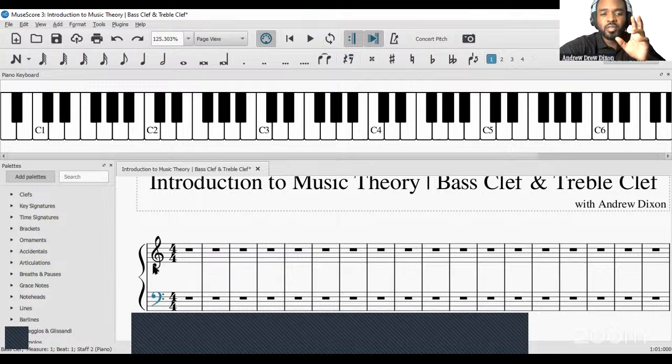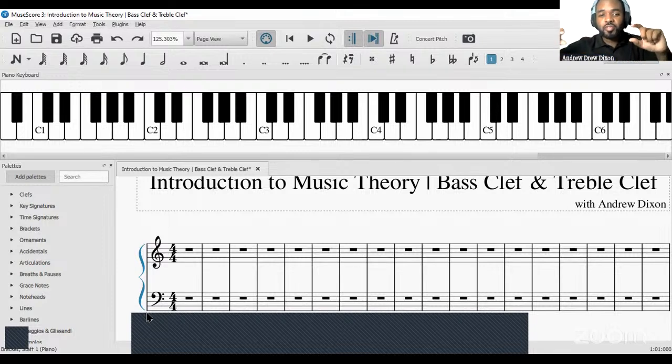First of all, the treble clef, which is at the top, looks like a fancy S, and the bass clef, which is below, looks like a backward C. When they are combined and held together by this curly brace, together they form what is called the grand staff.